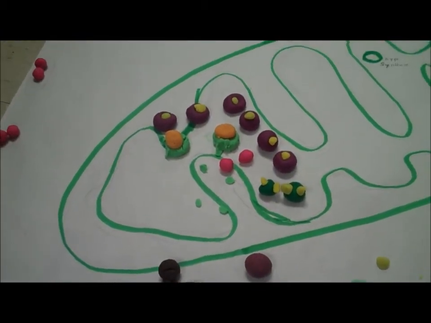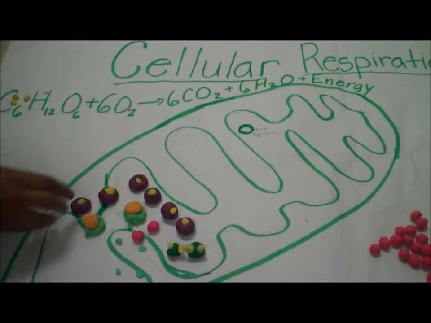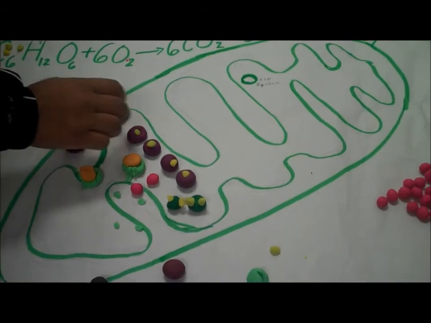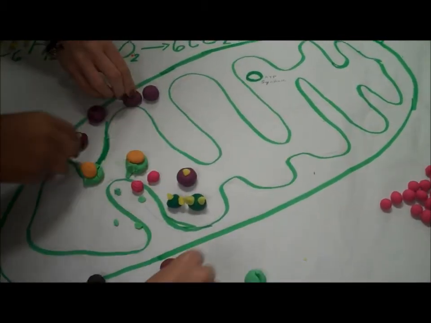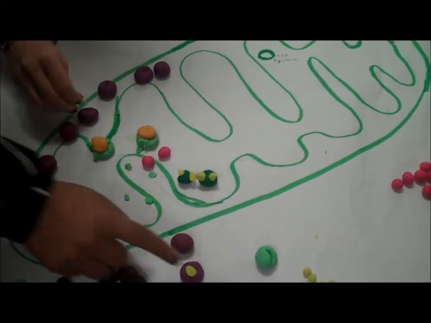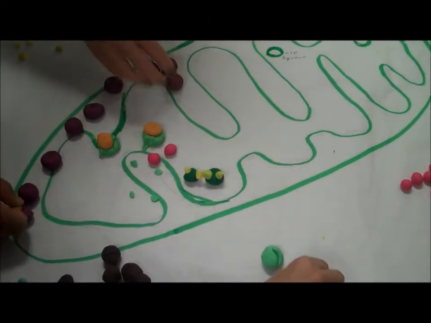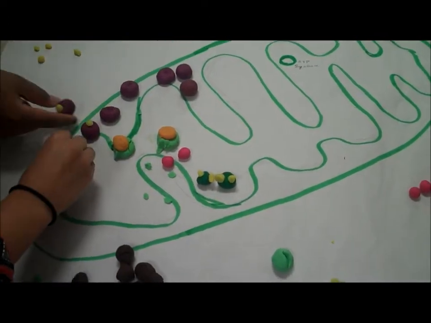The last step, called the electron transport chain, occurs in the inner membrane of the mitochondria. The 10 NADH are present in the inner membrane of the mitochondria.